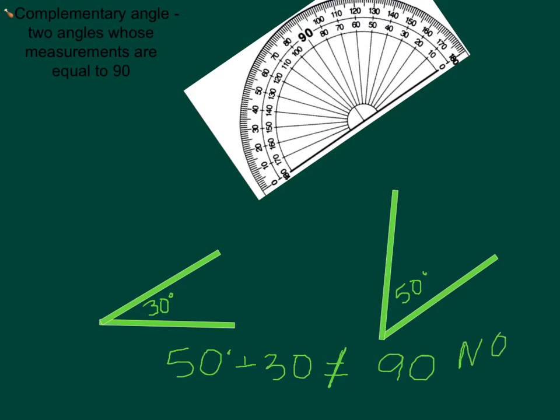So that means these two angles here are not complementary to each other, because in order to be complementary, they must add up to 90 degrees. So we're going to create another angle that will make this true, because we want two complementary angles.